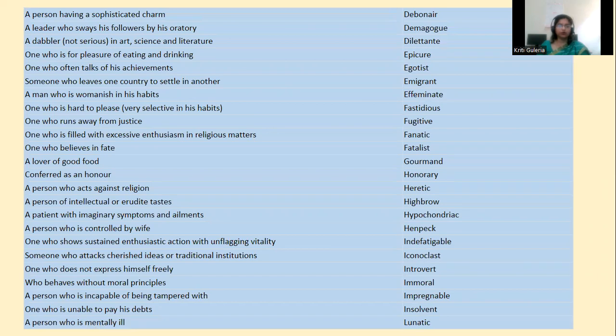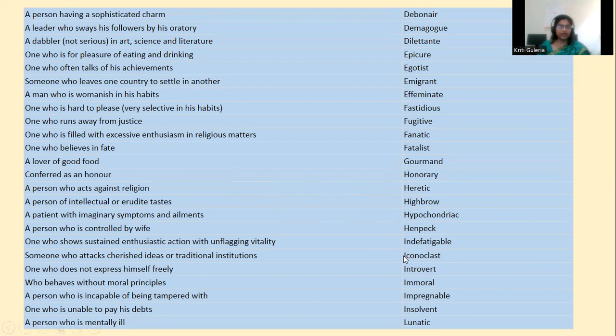Conferred as an honor: honorary. A person who acts against religion is a heretic. A person of intellectual or erudite tastes: highbrow. A patient with imaginary symptoms and ailments: hypochondriac. A person who is controlled by his wife: henpecked.